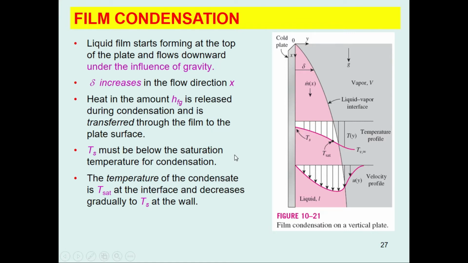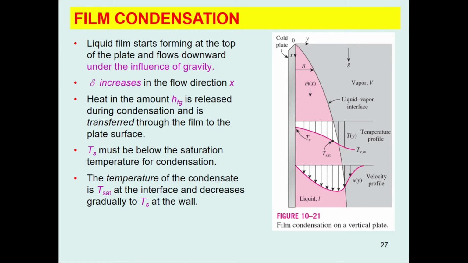So the velocity and the temperature profiles are also given here. I have already said that there is zero velocity at this point because of the no slip condition, and the maximum velocity of the liquid layer will be at the vapor-liquid interface.